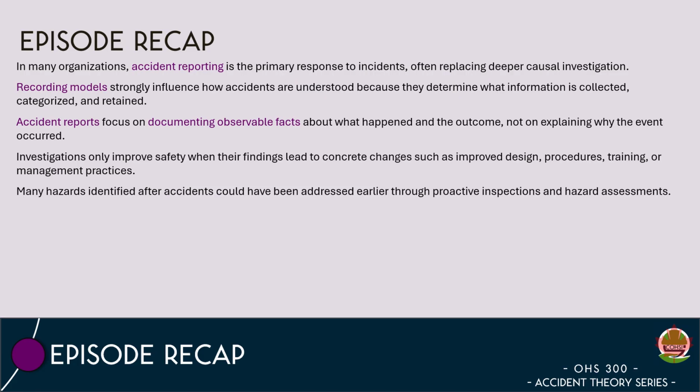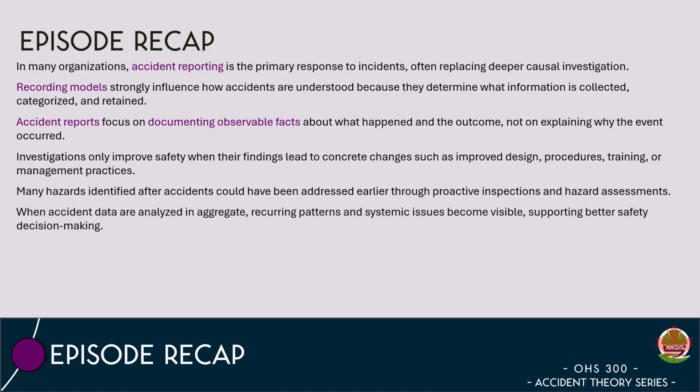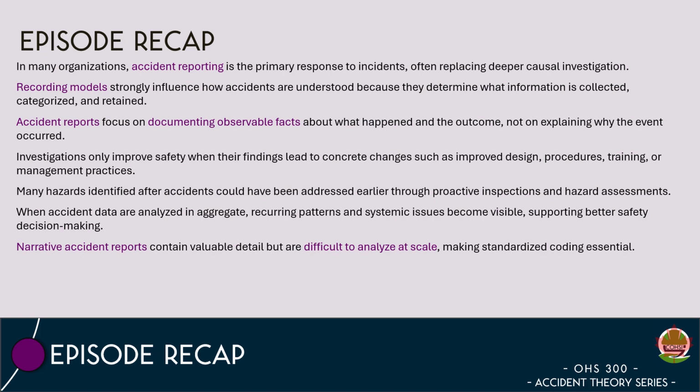Many hazards identified after accidents could have been addressed earlier through proactive inspections and hazard assessments. When accident data are analyzed in aggregate, recurring patterns and systemic issues become visible, supporting better safety decision-making. Narrative accident reports contain valuable detail but are difficult to analyze at scale, making standardized coding essential.